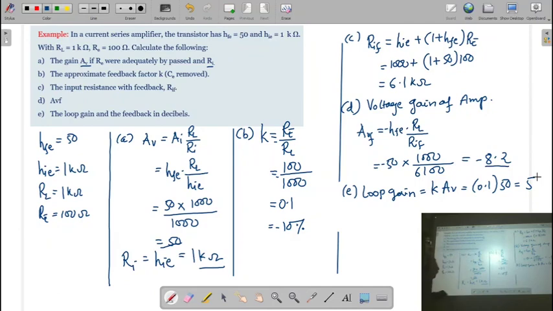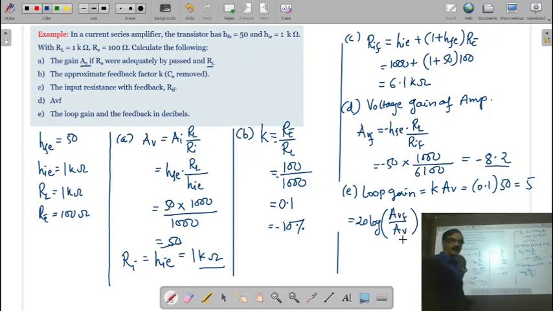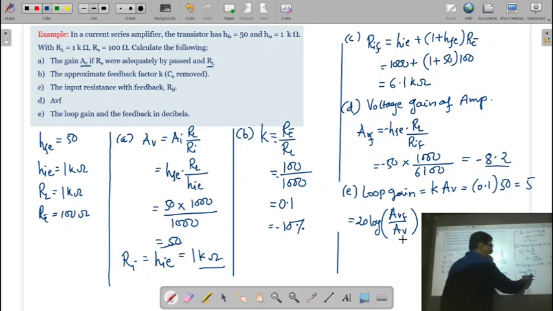You have to calculate it in decibels. If you remember, it is given by 20 log AVF upon AV. In the first or second lecture, we already defined that feedback in decibels you can calculate with the help of this formula, 20 log AVF by AV.